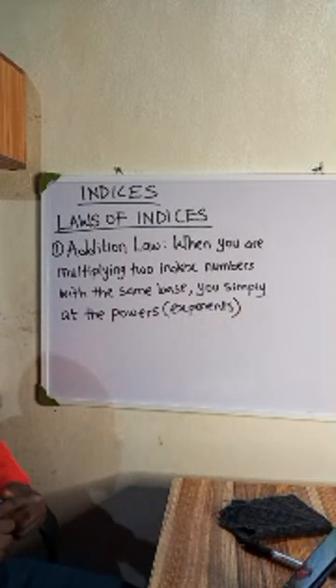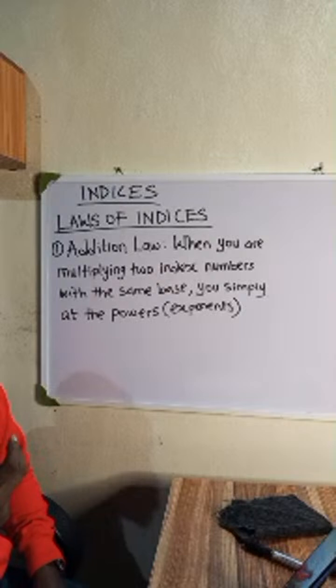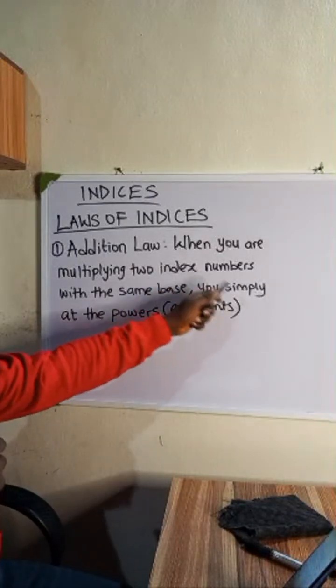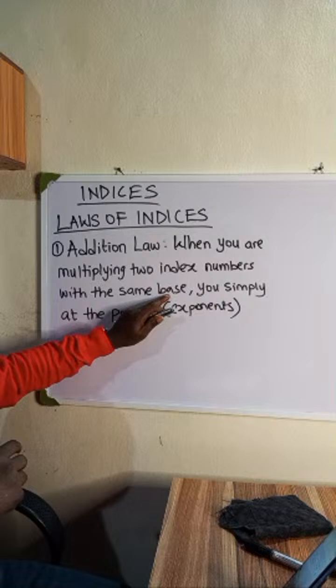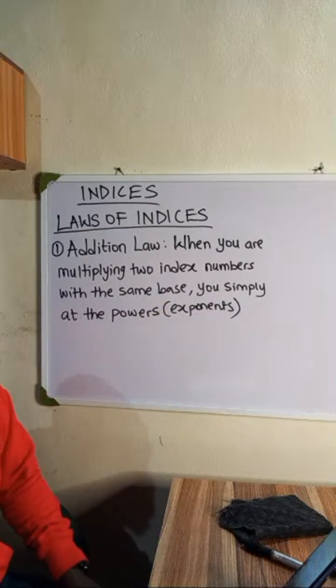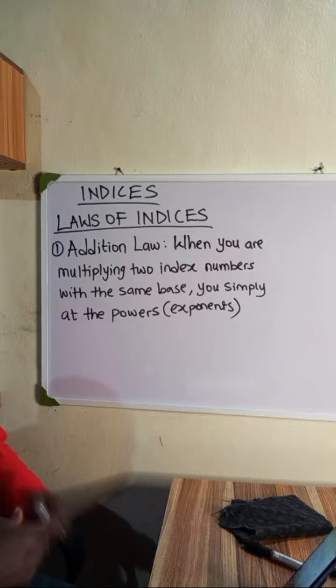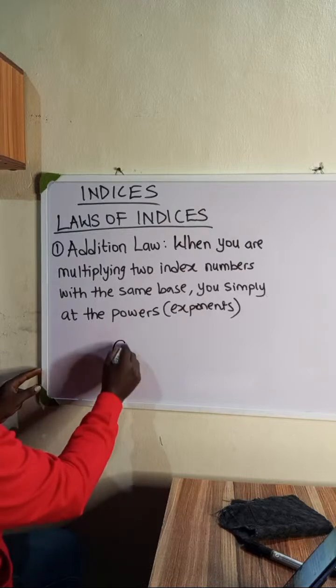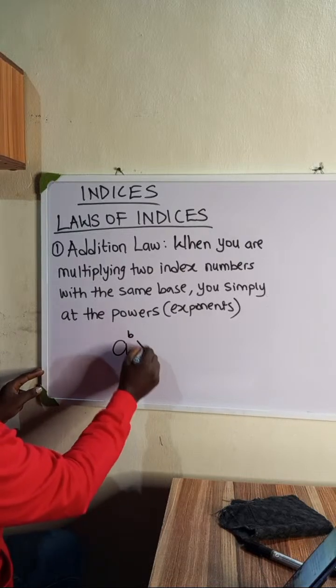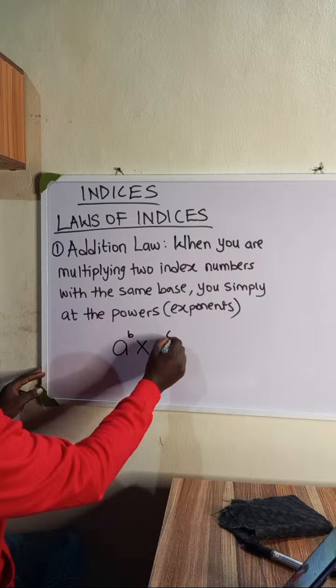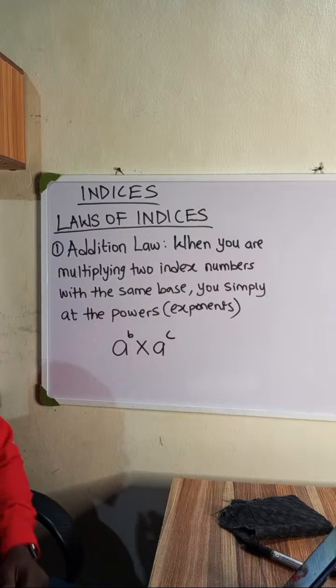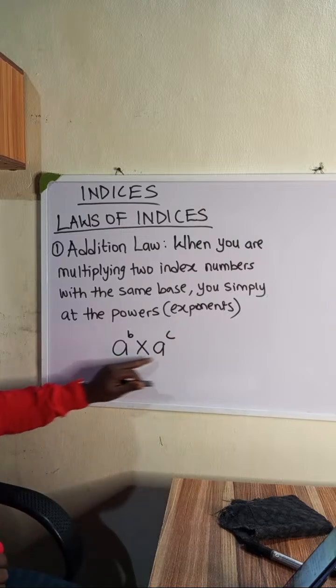So whenever you are multiplying two index numbers with the same base, one of the things you must check is, are the bases the same? For you to apply this law, the bases must be the same. So for example, if you have a to the power of b multiplied by a to the power of c, both bases are the same.